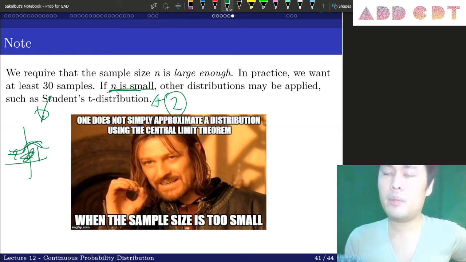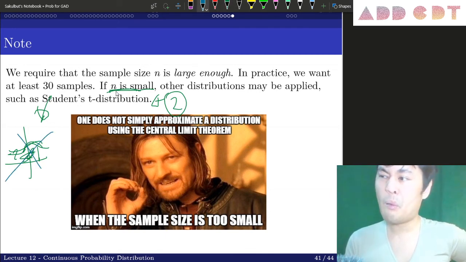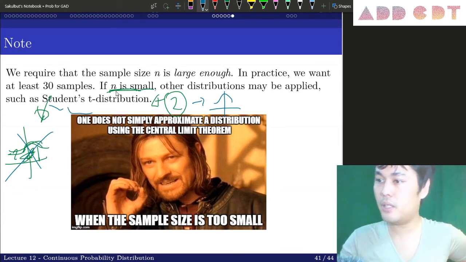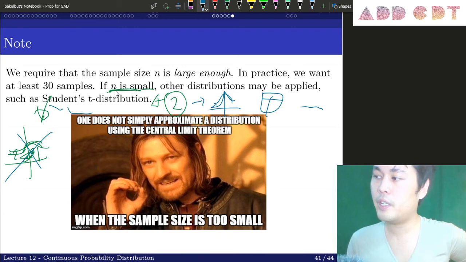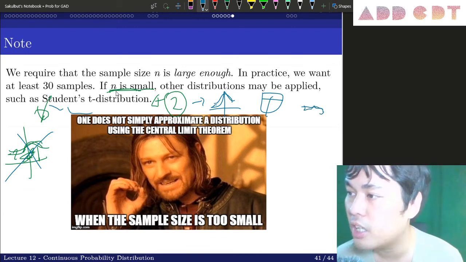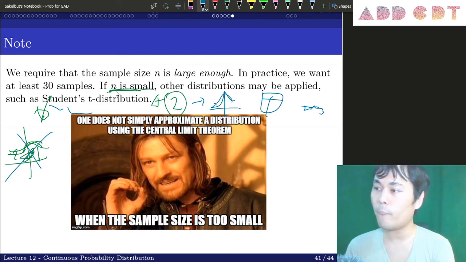But if n is small, then that breaks. Nevertheless, we can use something else. It's called the Student's t distribution. It looks like this curve, but it has different tables, different values, properties, and so on. So it's not as nice as the normal distribution. So yeah.